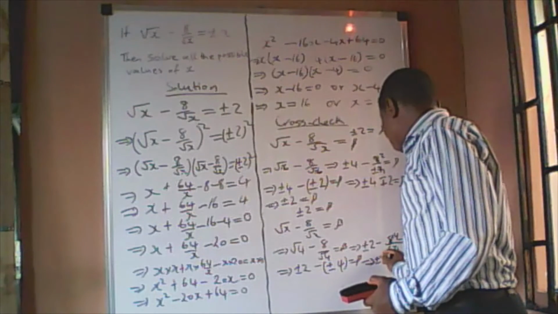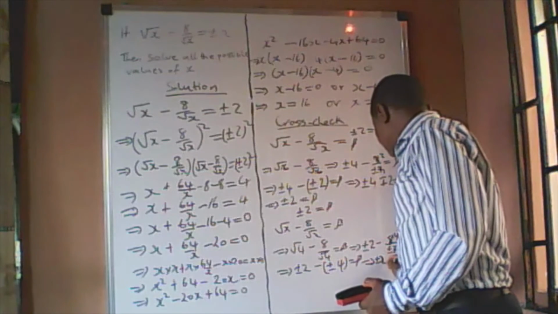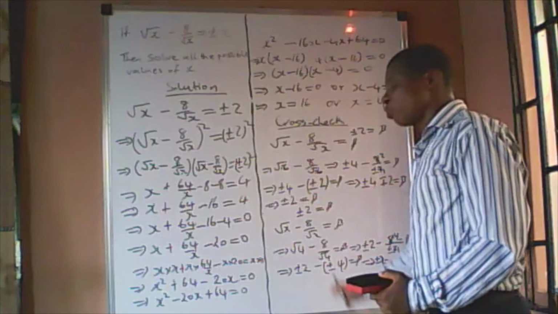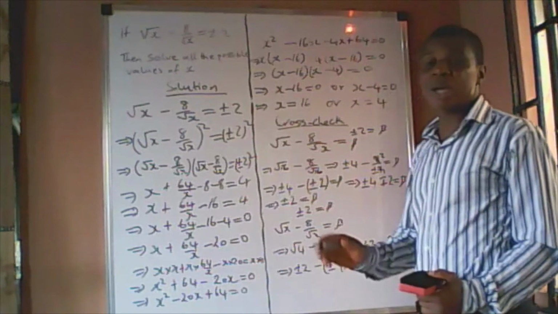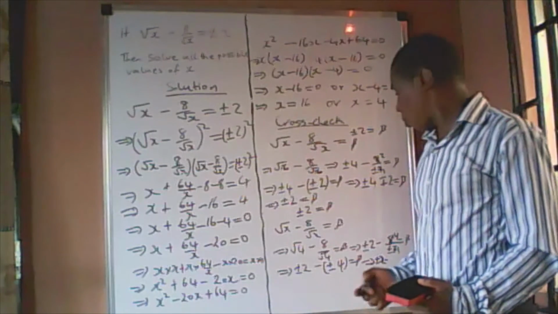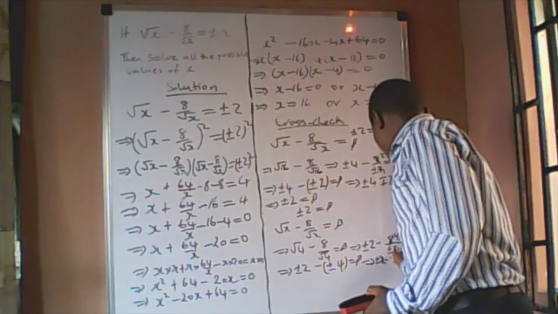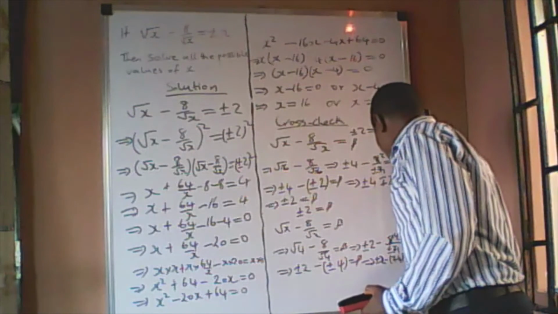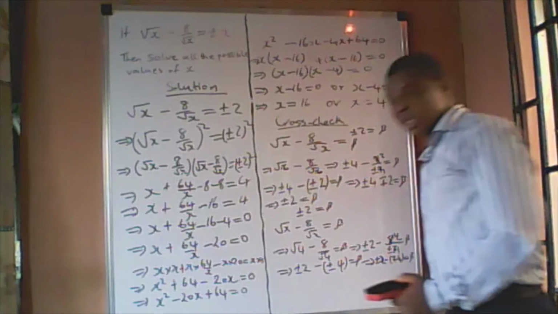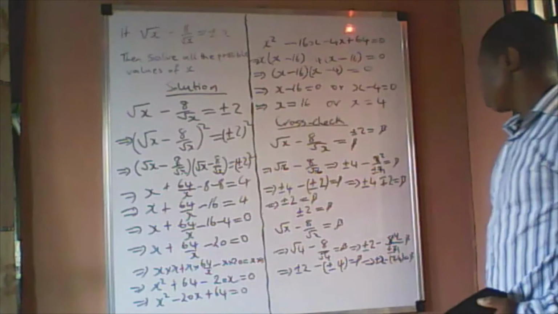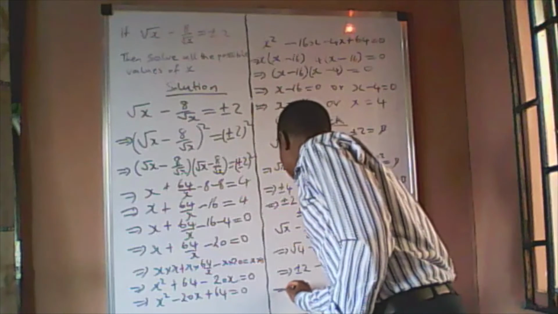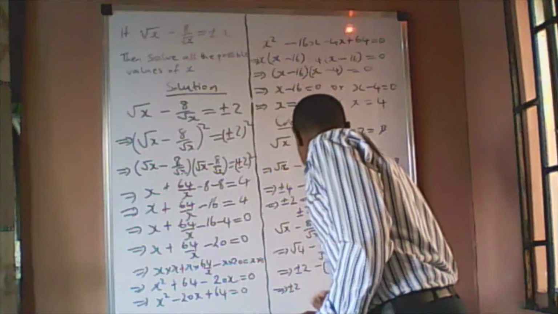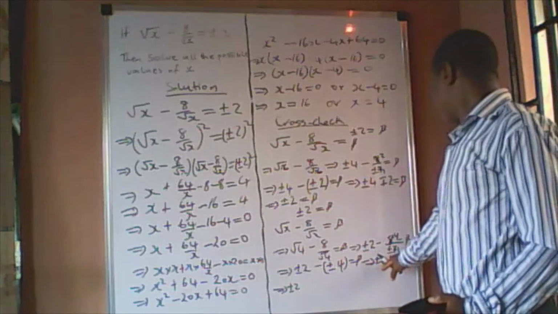Which implies plus or minus 2 minus times plus will give us minus. That means we have minus or plus 4 equal to beta.